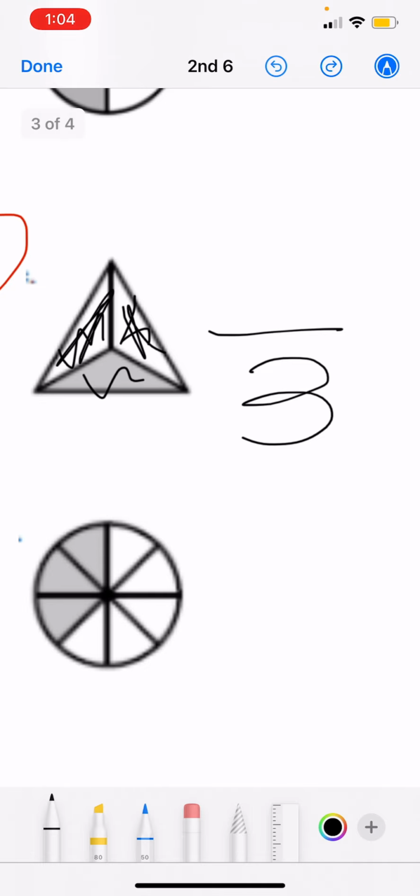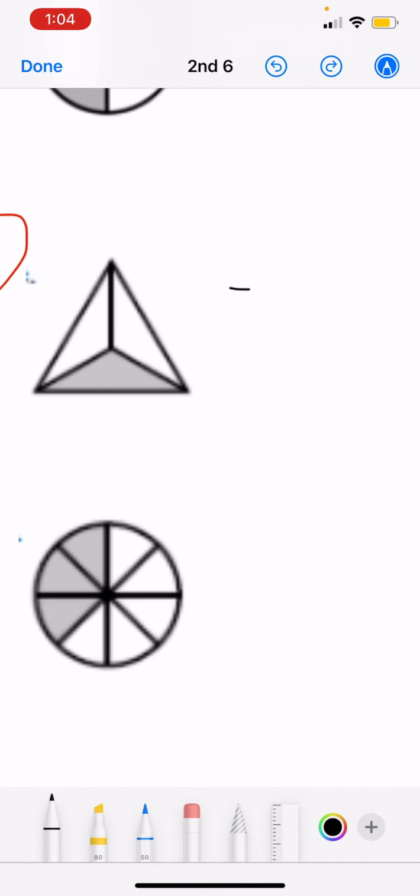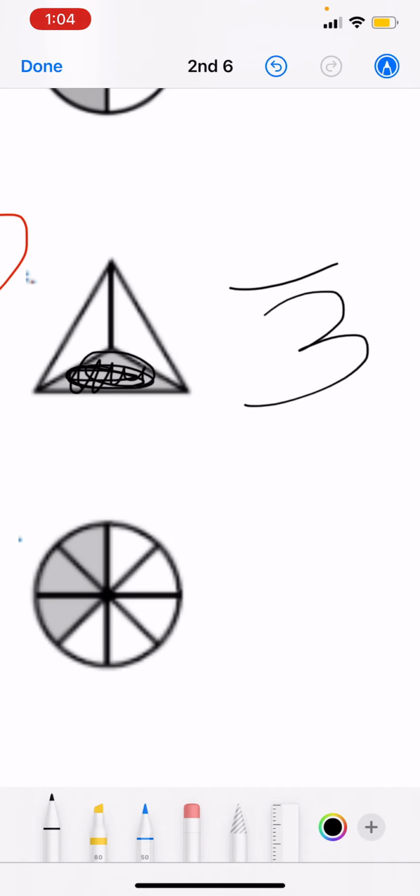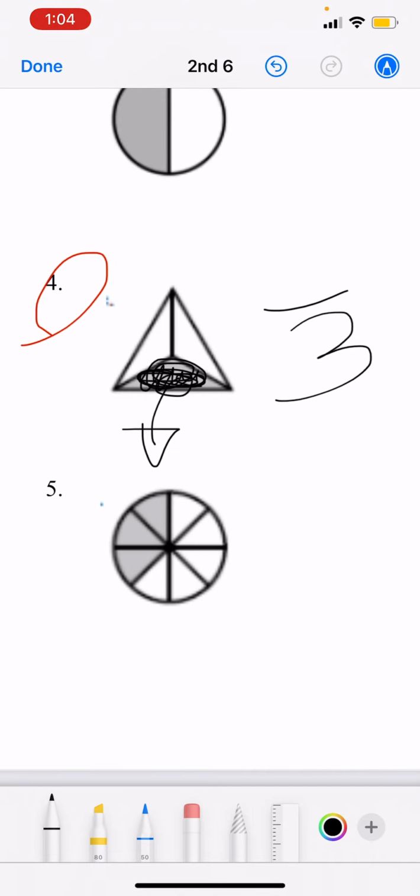So that's why we write 3. Okay, 3. However, the shaded part is the one that is taken out. So because it is taken out, the ones that are taken out will be placed in the numerator. So how many shapes were taken out? Only 1, which is the shaded part. So because of that, I'm going to write 1 in the numerator.